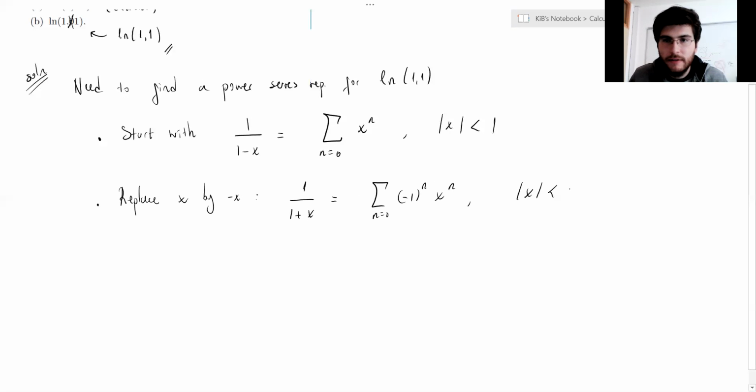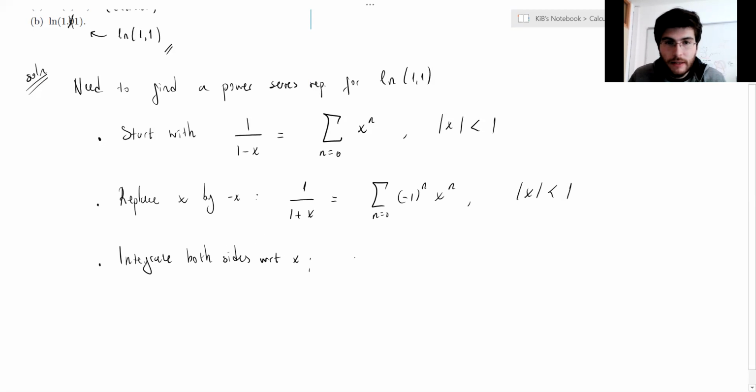We still have the same interval of convergence. And it's not enough. We need something related to the logarithm, right? Remember what kind of tools we have: integration and differentiation. Then we can integrate both sides with respect to x.